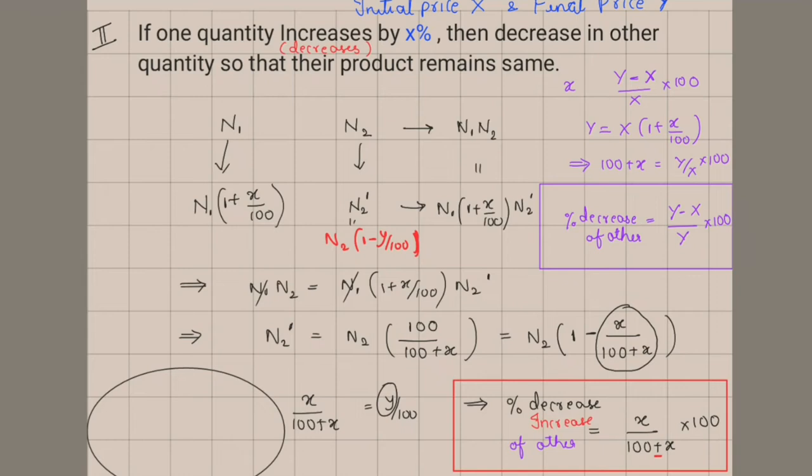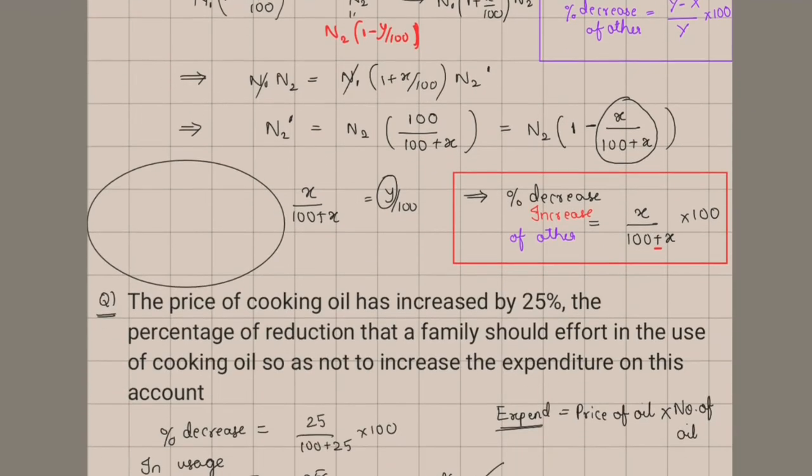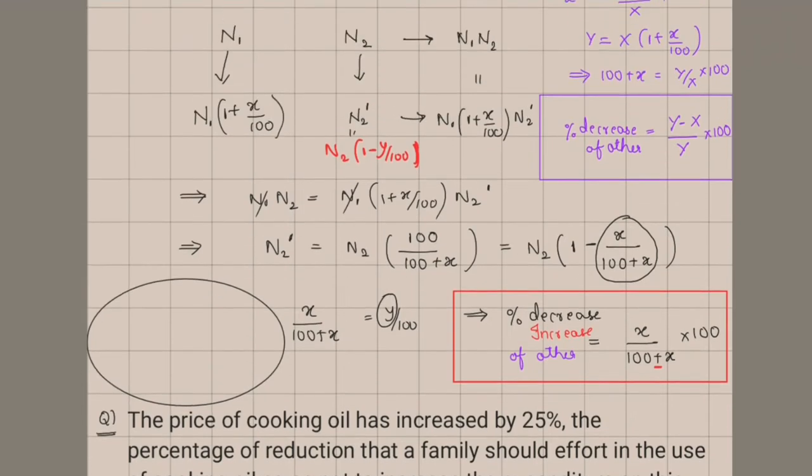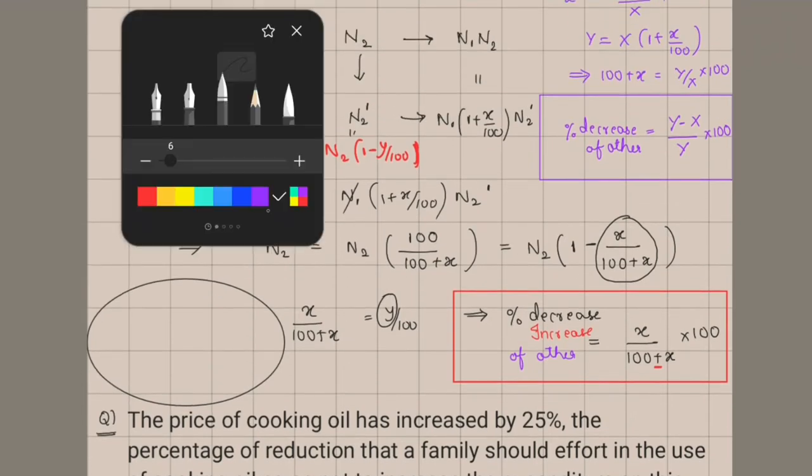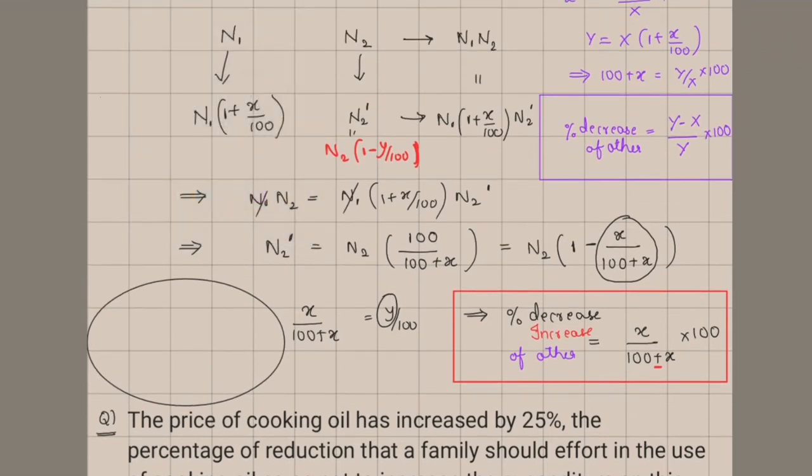X percentage increase equals minus X percentage decrease. Similarly, X percentage decrease equals minus X percentage increase. So you need to keep this in mind.